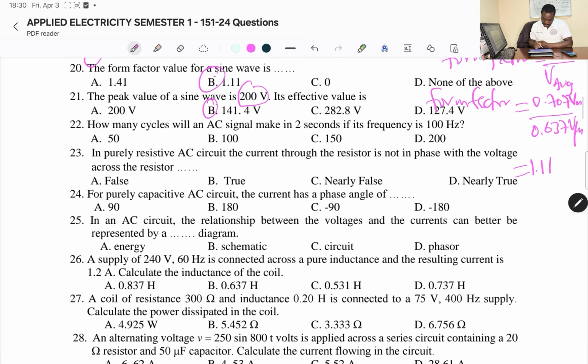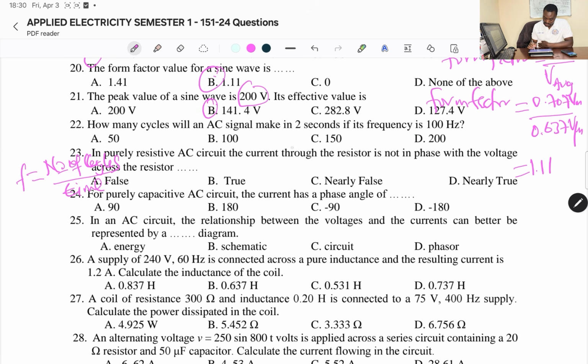How many cycles would an AC signal make in 2 seconds if its frequency is 100 Hz? So here, we know that frequency is simply the number of cycles over time. The frequency value is given as 100.